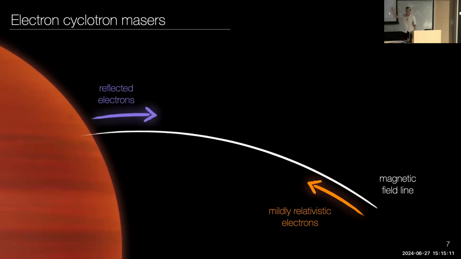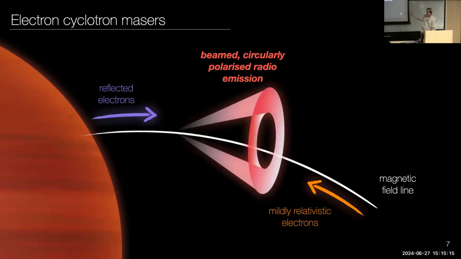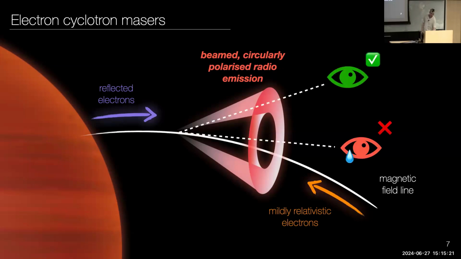Some of these reflect, and this is when the electron cyclotron maser comes online, so to speak. This emission is beamed out in a hollow cone shape, so immediately you can see there is a geometric effect here. If you look straight into that cone, you won't see the emission. You have to be at the right angle looking down onto this magnetic field line to see it.